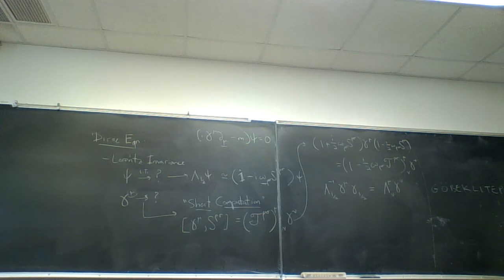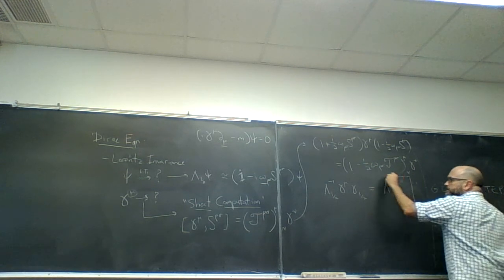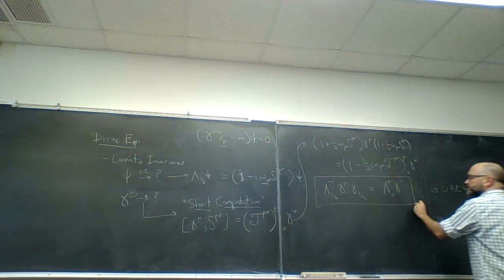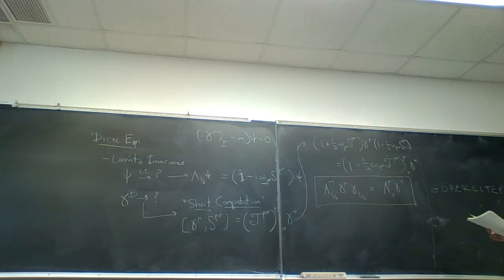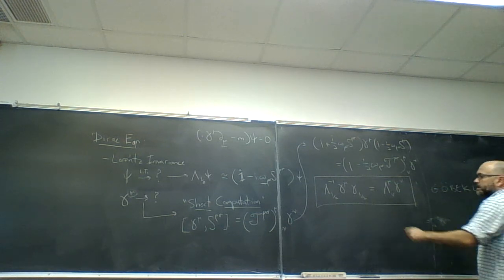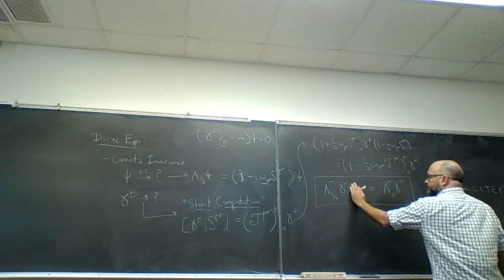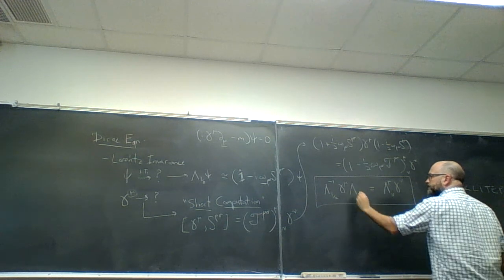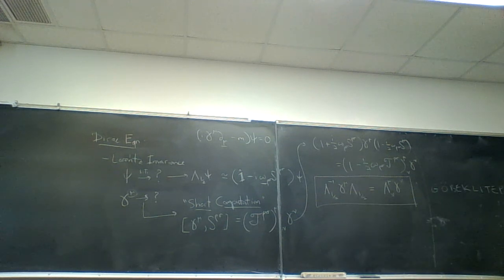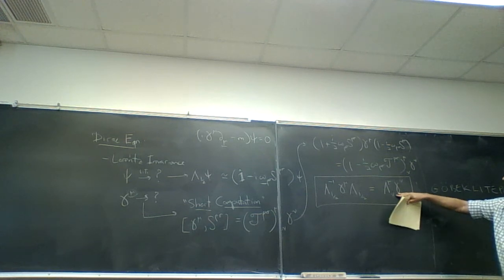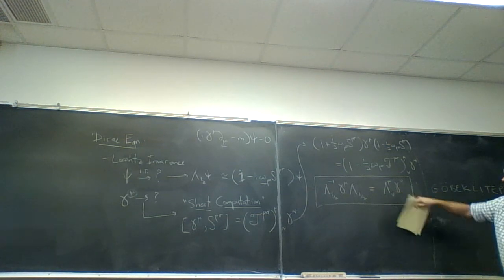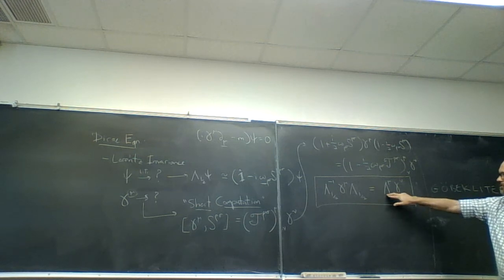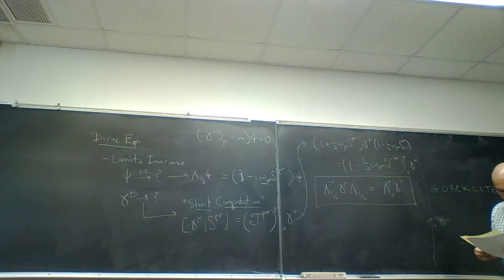Okay. Under a Lorentz transformation in our spin 1/2 representation, which is what we're working in with the Dirac equation, under this type of transformation, the Dirac gamma matrices transform just like a 4-vector would.